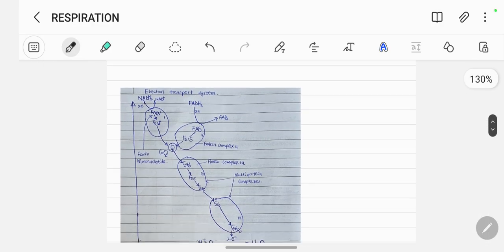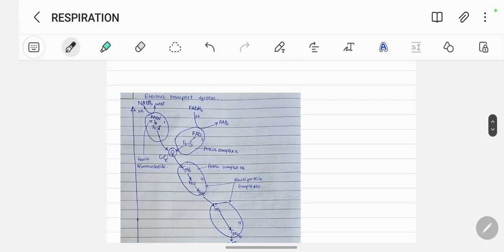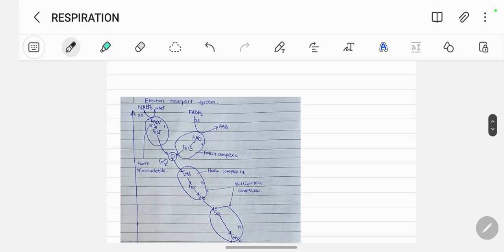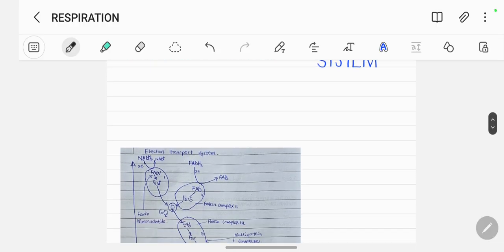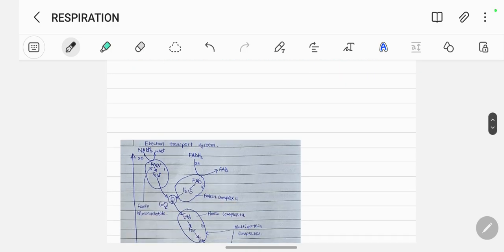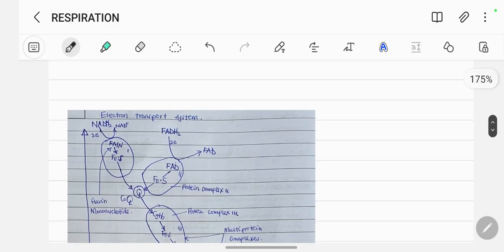This one summarizes every step that needs to be talked about. You first have to know that this pathway is a series of redox reactions, reduction and oxidation. So I'll move straight to the content.